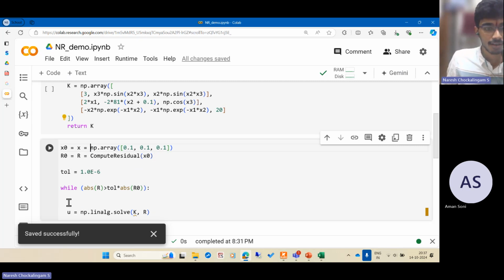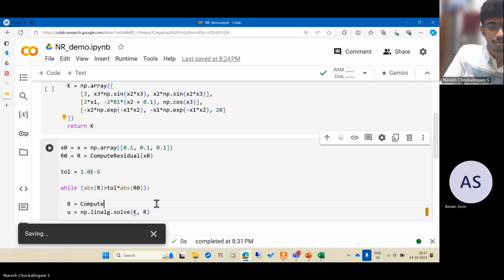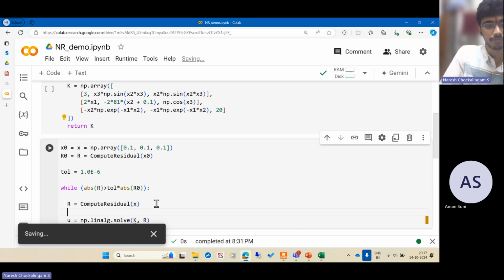Now, in every iteration, what is the first step? Form the residual. So R is equal to compute residual of X. Okay, we found the residual.